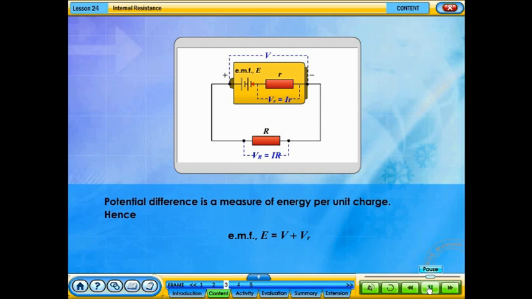Potential difference is a measure of energy per unit charge. Hence, the EMF of a cell equals the sum of the potential difference across the cell in a closed circuit and the potential difference across the internal resistance.